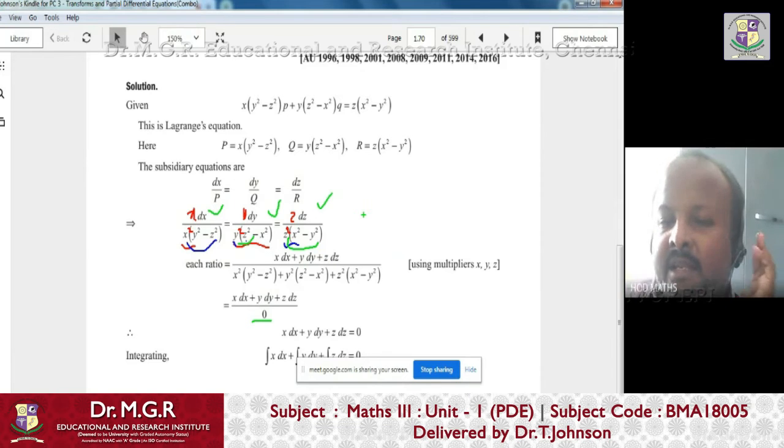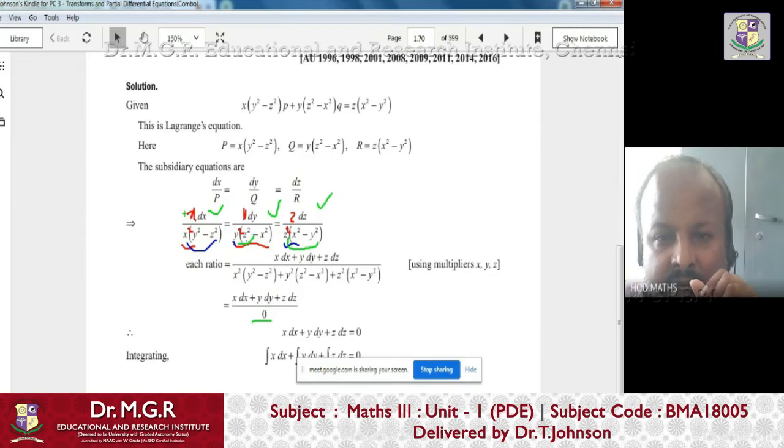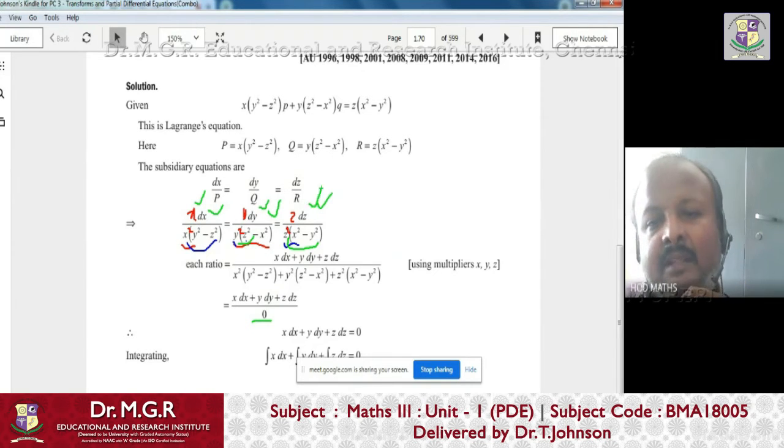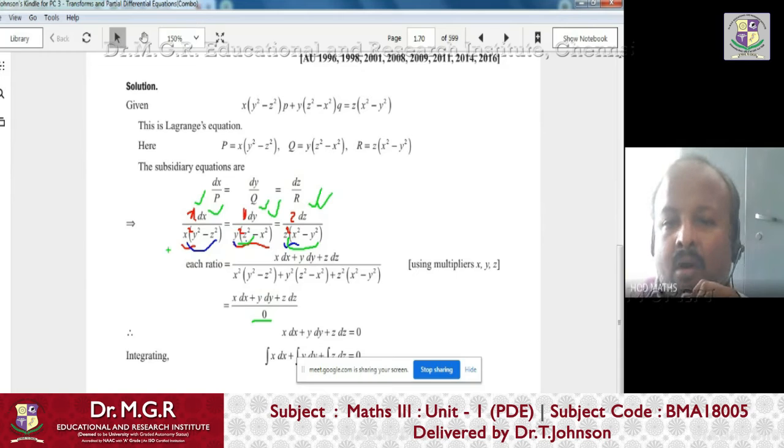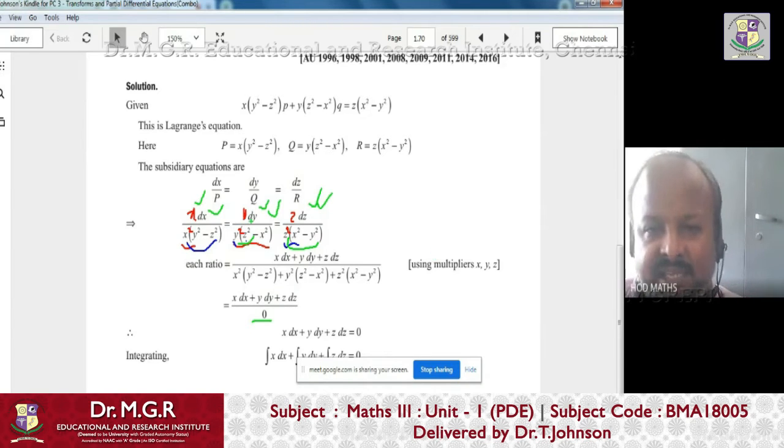So what is the idea? You have to multiply a variable or a constant, but here we are taking a variable: x in the numerator and the denominator of the first term, y with the second term and z with the third term, and then we add all the equivalents, that is x dx plus y dy plus z dz. If you add all the numerators, you have to add the denominators also.